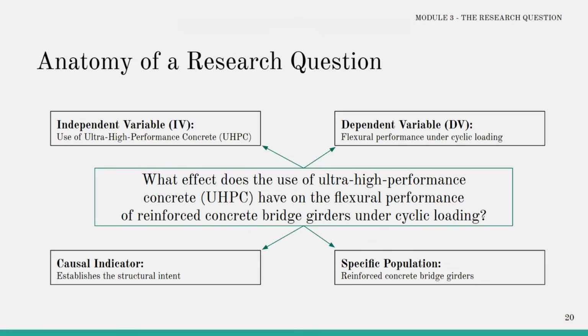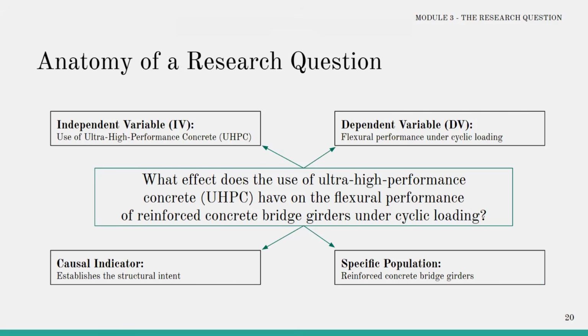So here we can dissect a research question. What should a good research question have? We can look at the anatomy of an example. The research question may be like this: what effect does the use of ultra high performance concrete have on flexural performance of reinforced concrete bridge girders under static loading?